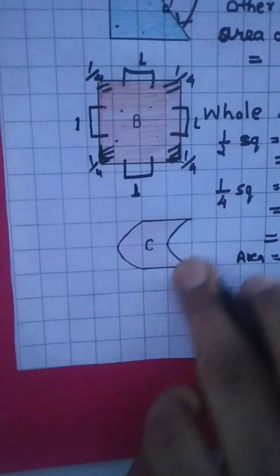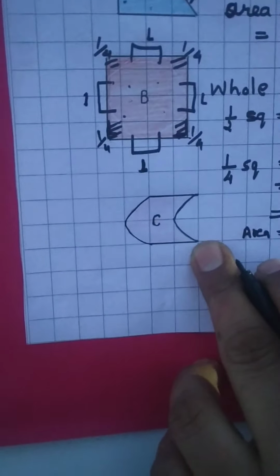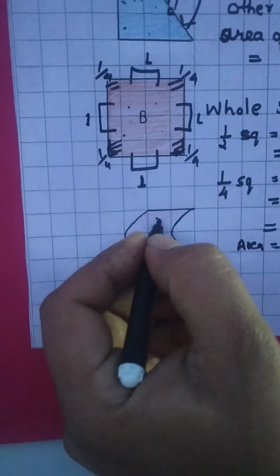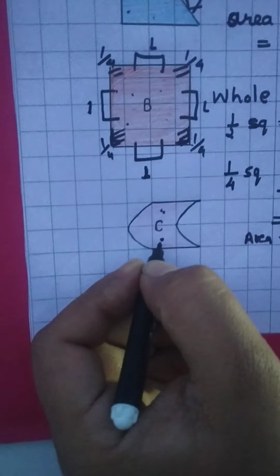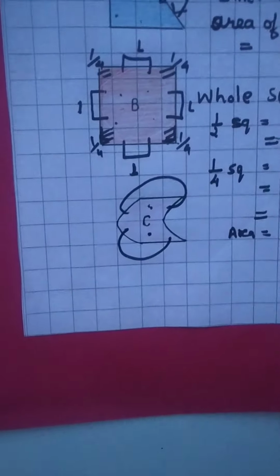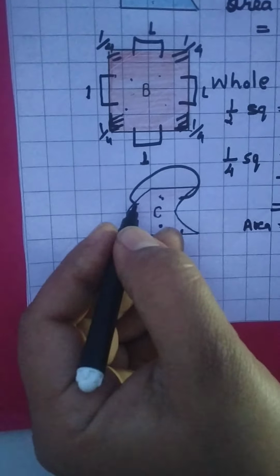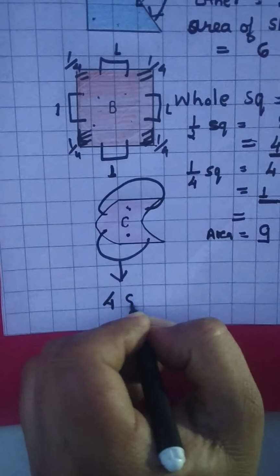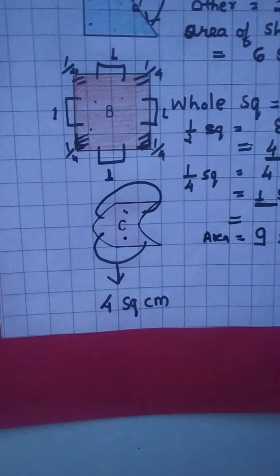Now we can calculate this. How can we calculate? The whole parts are 1 and 2. 2 whole squares, and when we combine this and this, it will be 1. So 1, 2, 3 and 4. So area will be 4 square centimeters.